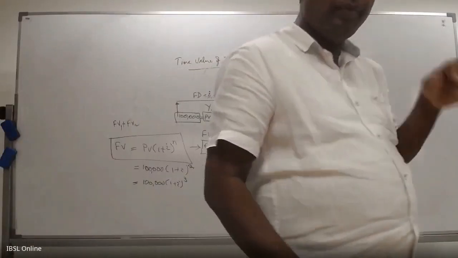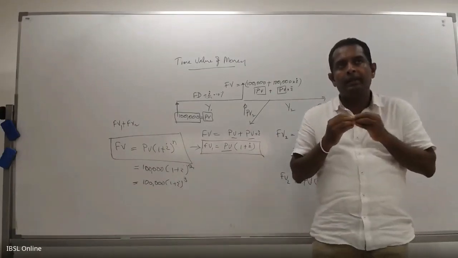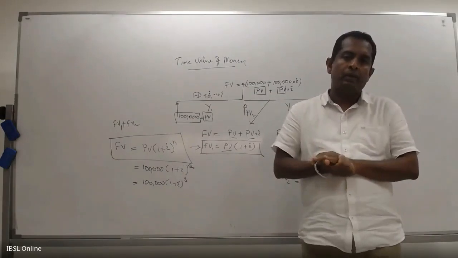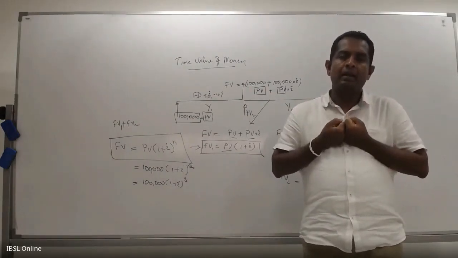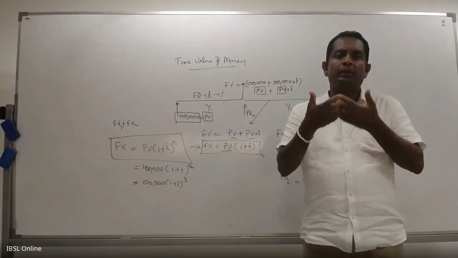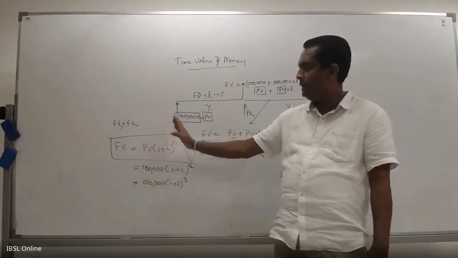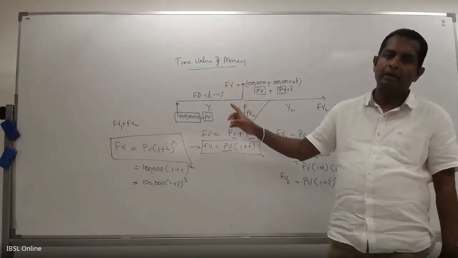time value of money. Time value of money is the actual purchasing power in the future. How the value of money changes with time, right? Future value equals present value within bracket 1 + I to the power n.